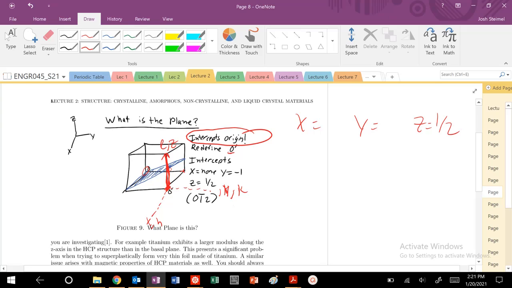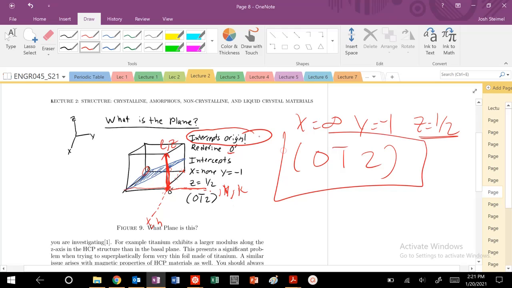Is there any intersection for x? No, so it's infinite. You can see there's no plane cutting through this x-axis. What about the y or the k? Well, not in the positive one, but if we go back here, there's an intersection at -1. So writing our HKL indices, the inverse: 0, 1/2 becomes 2, and the inverse of -1 is -1.